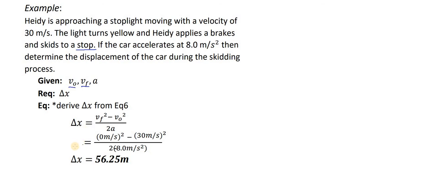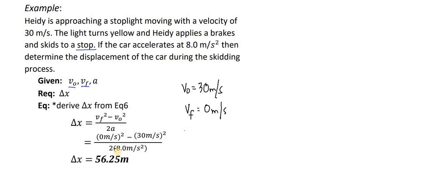So I changed the solution. Here, from equation 6, we are going to derive delta x. So delta x is equal to the final velocity squared minus the initial velocity squared all over 2a. So here, let's write the given. The initial velocity is 30 meters per second and the final velocity is 0 meters per second.